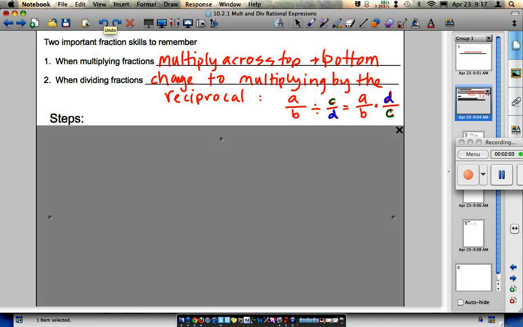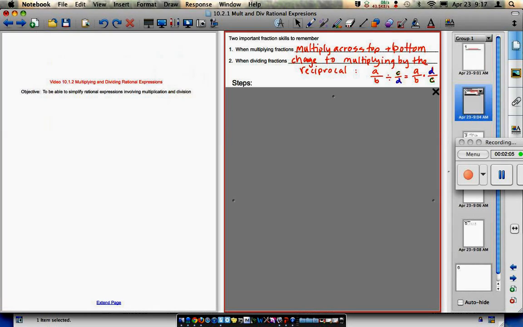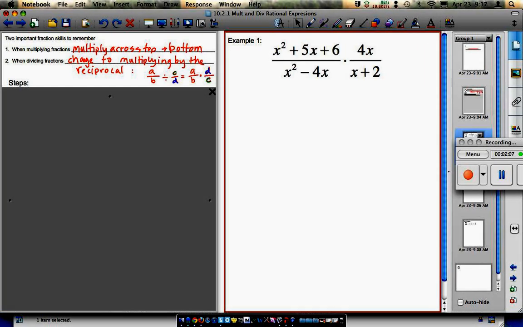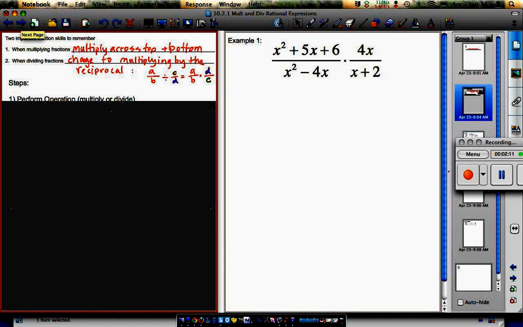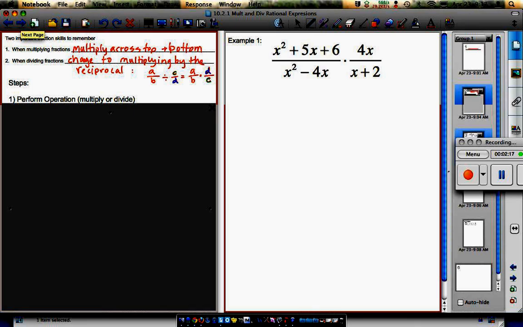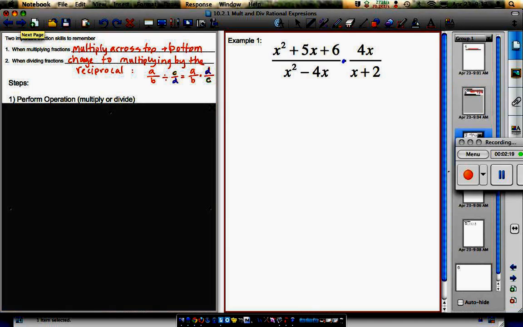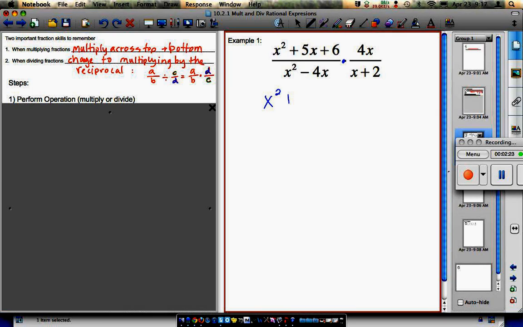So here are going to be our steps. We're going to start with this example that you see here, and there are going to be two steps. The first step is to perform the operation. What I mean by that is you have to multiply or divide. So in this problem, I'm going to multiply out these two fractions. So I'm going to do x squared plus 5x plus 6 times, so to show multiplication, I'm going to do times the top.